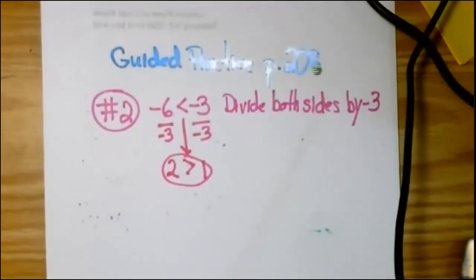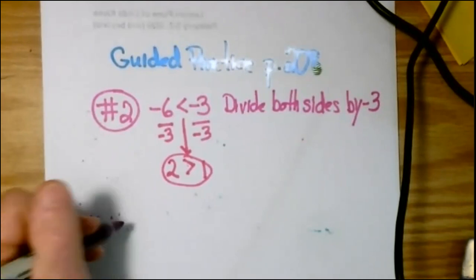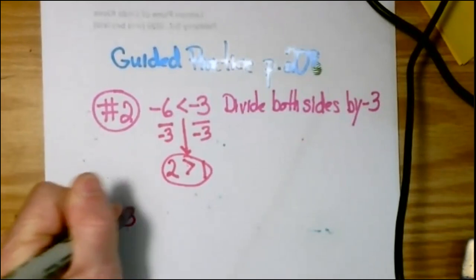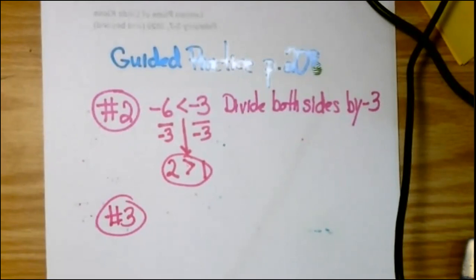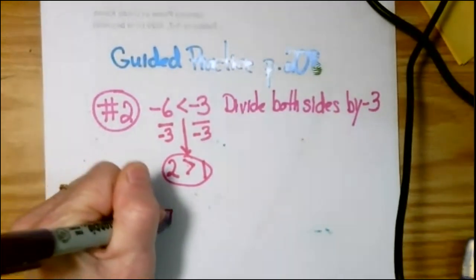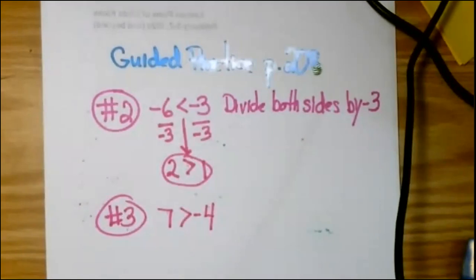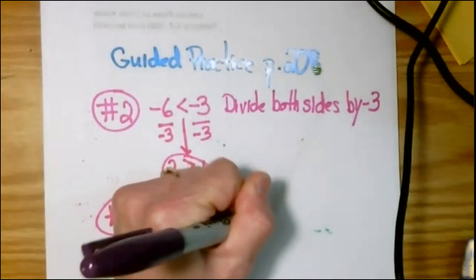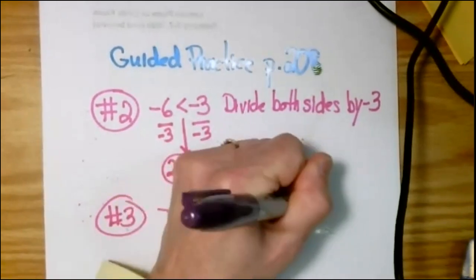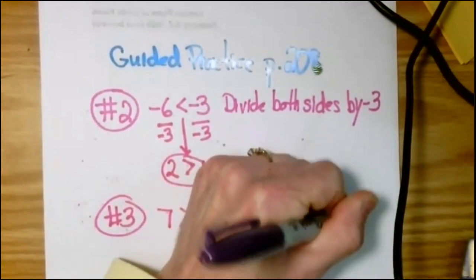Next one I want to do is number 3. Number 3 is 7 is greater than negative 4, and they want us to subtract 7 from both sides.